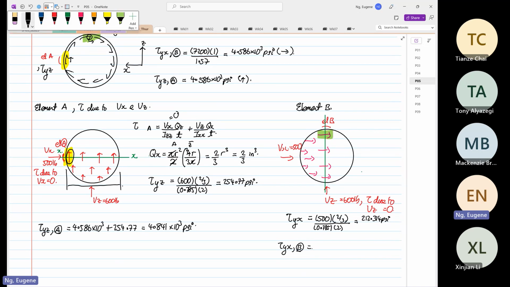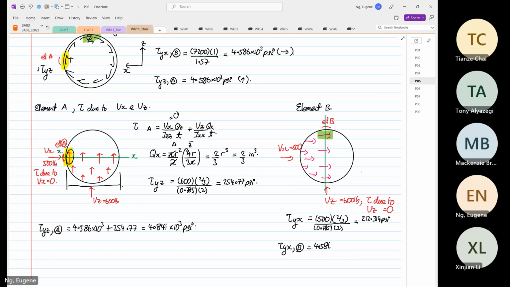Okay, so this will be equal to 4.586 times 10 to the power 3, not power of 6, plus 212.314. So 4.586 times 10 to the power 3 plus 212.314 is equal to 4.798 times 10 to the power 3 psi. Okay.